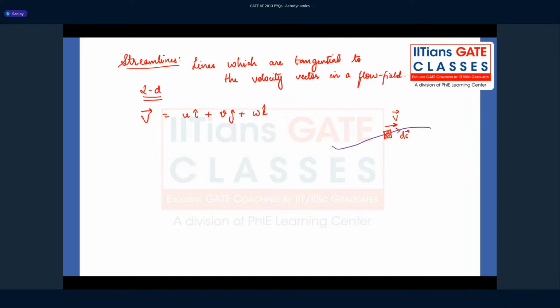Now by the definition of a streamline, it is the line which is tangential to the velocity vector. So if it is tangential, how can I represent it? I can say V cross ds is equal to 0. The cross product of the velocity vector and the directed position vector is going to be 0 because they are essentially in the same direction.